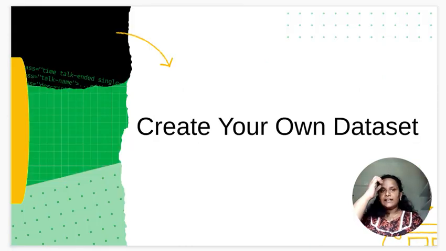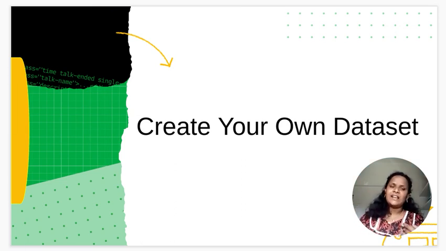So next, let's see how you can create your own data set. As I told you in the previous slide, there is the Kaggle website. There you will get a lot of problem statements, and many people have their Kaggle notebooks over there, explaining what they understood and the analysis which they did.